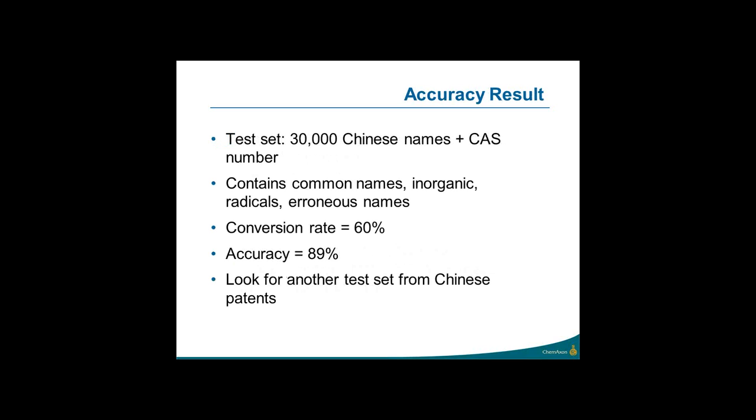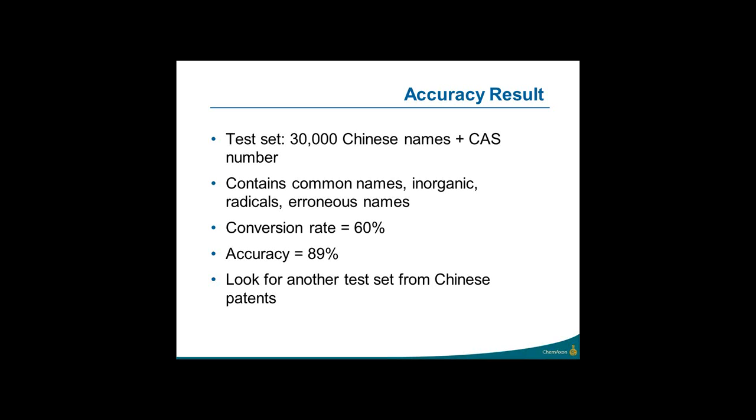Here is our test result. We don't have a test set, so we used the internet and looked up 30,000 Chinese names and their CAS numbers, and we use it as our test base.